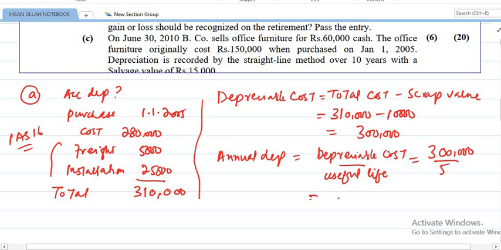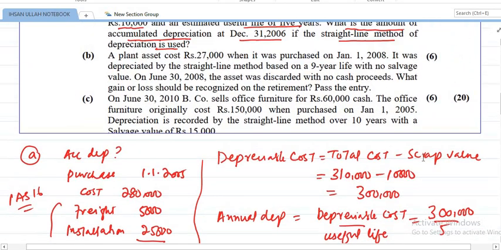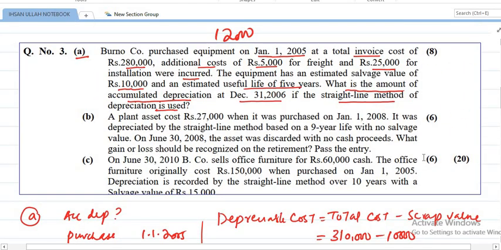After calculating, your annual depreciation will be 60,000 per year. Clear?